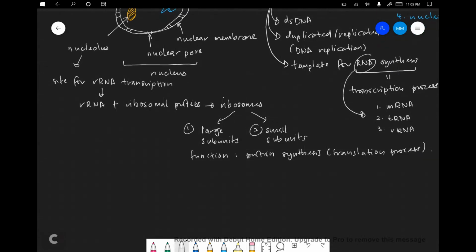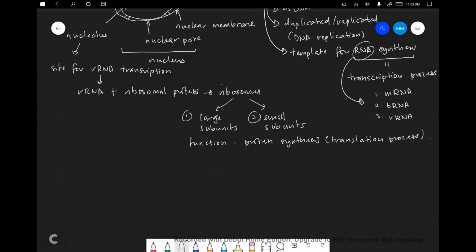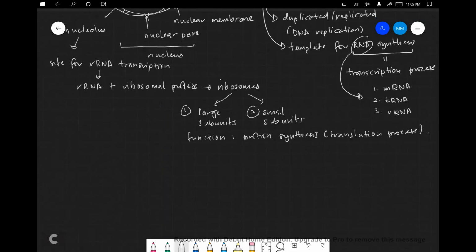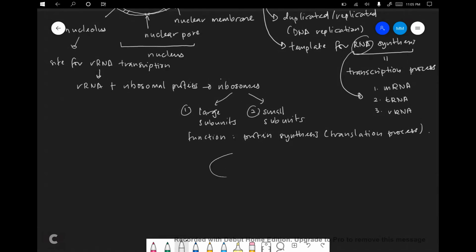Right, next, whenever these ribosomes are ready to perform the translation process, what will happen? The large subunit and small subunit will combine. So how does it look like? We have our large subunit of ribosome, and then it combines with the small subunit, our small subunit of ribosomes.